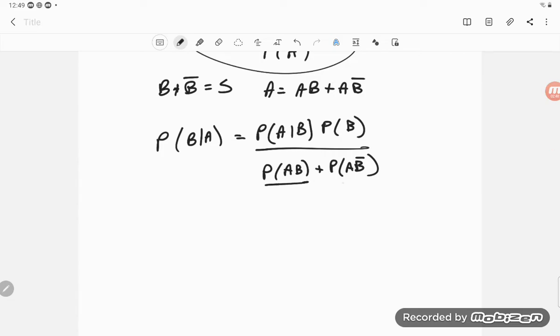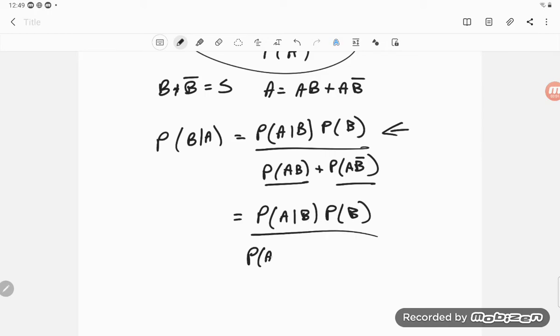Then I can write each of these using the conditional probability in multiplicative form. And so I have P of A given B, P of B over, again, P of A given B, P of B. That's the first part here.